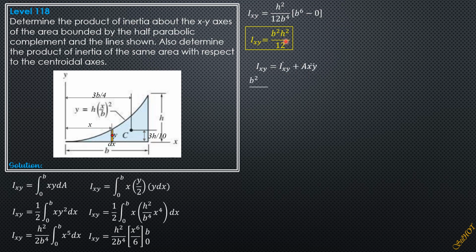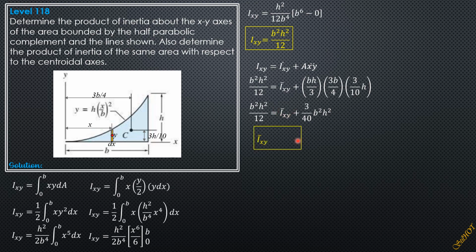So b squared h squared over 12 equals I bar xy plus the area of the spandrel, 1/3 of base times height, times x bar, which is 3/4 of b, and y bar, which is 3/10 of h. Simplifying, b squared h squared over 12 equals the centroidal product of inertia I bar xy plus 3 over 40 b squared h squared. These are like terms. 1/12 minus 3/40, we can now find I bar xy, which is equal to b squared h squared over 120. So that's it for this problem.